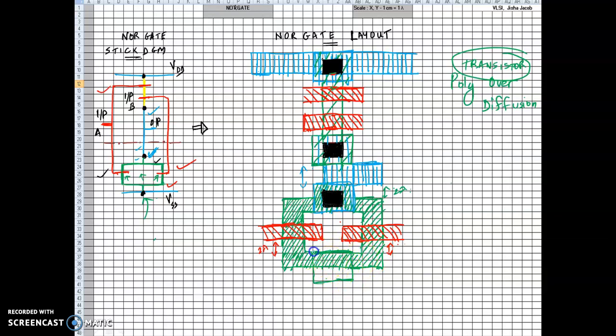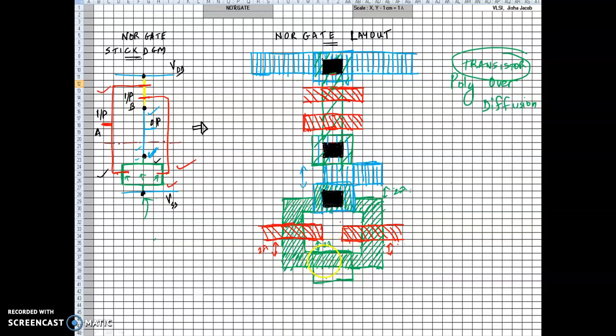The reason I did not allow the contact to push over the diffusion is because we have a minimum spacing requirement here. Look at this. It has to be 2 lambda. Remember, right? It has to be 2 lambda between polysilicon and diffusion.